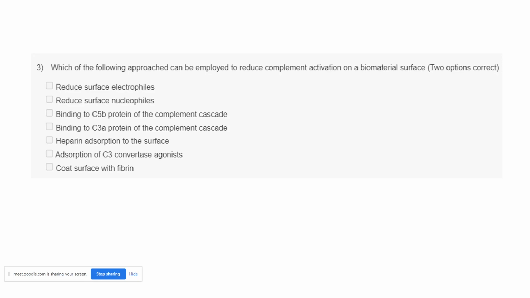Yes, ma'am. Okay. So third question, which of the following approaches can be employed to reduce complement activation on a biomaterial surface? You have to select two correct options. Reduce surface nucleophiles and heparin adsorption to the surface. These two will be the correct options.